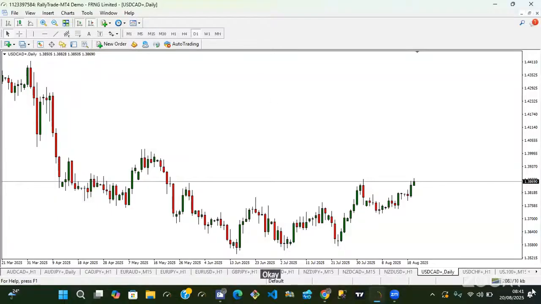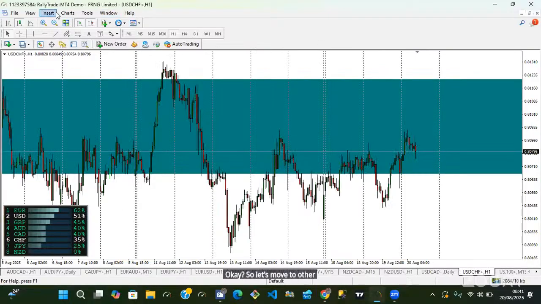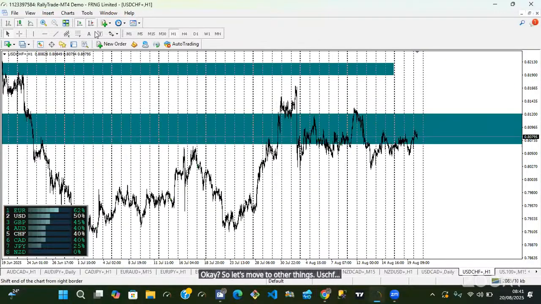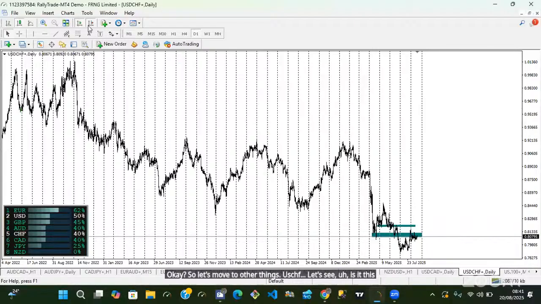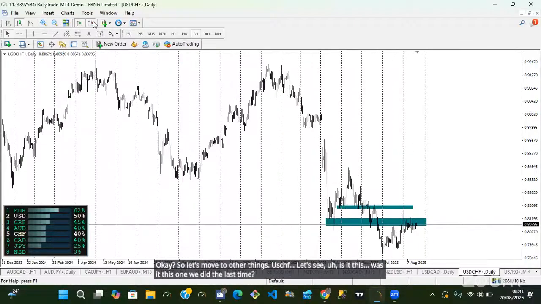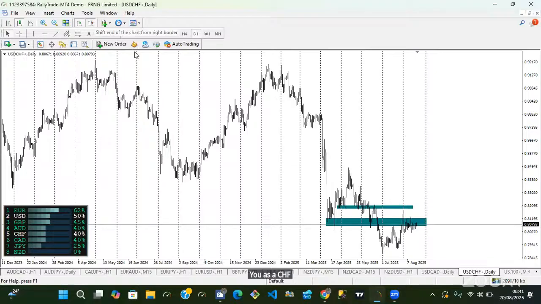Okay, so let's move to other things. USD CHF. Let's see. Is it this one we did the last time? USD CHF. So unlike the upward trend where you're waiting for price to go up, do a retracement, and then do a break of this level.